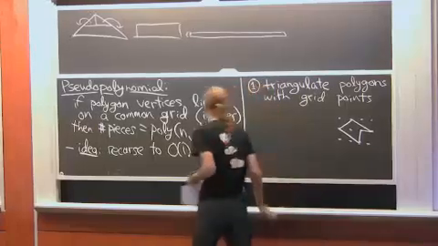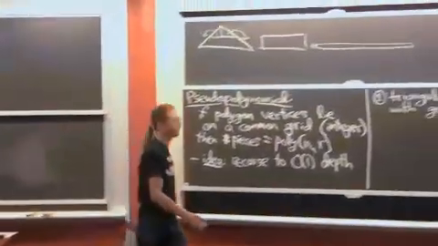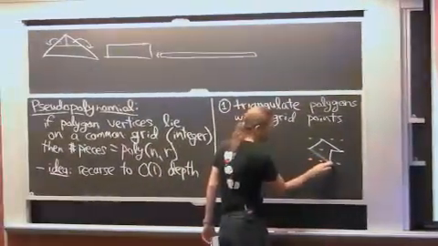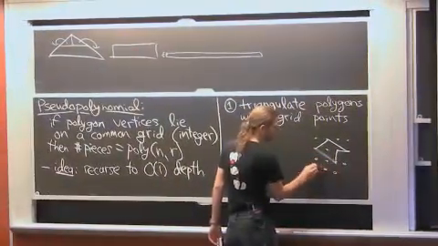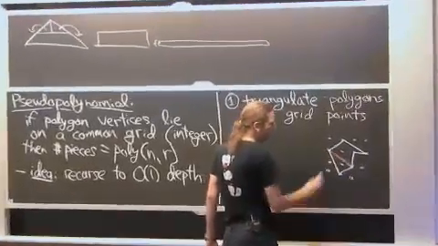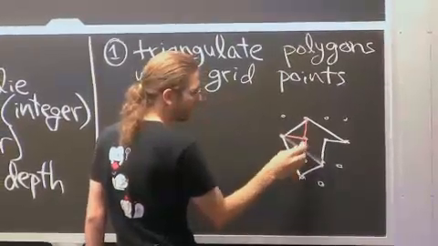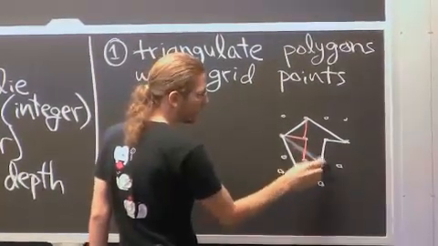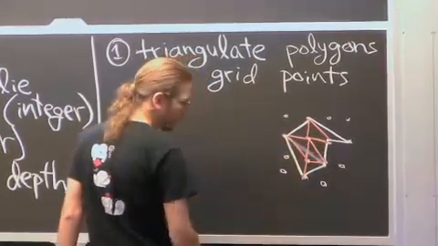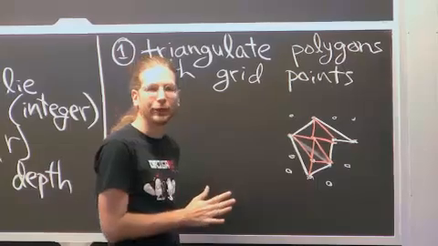Okay, if I triangulate this thing and all the interior points, there aren't very many interior points in this example, maybe I'll make a slightly different one. There's two interior points I want to triangulate with those as vertices of the triangles, so maybe I'll do something like this. Okay. A couple different shapes of triangles here, but they all have the same area.